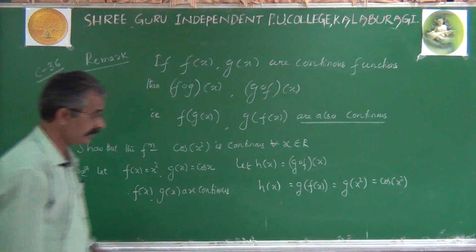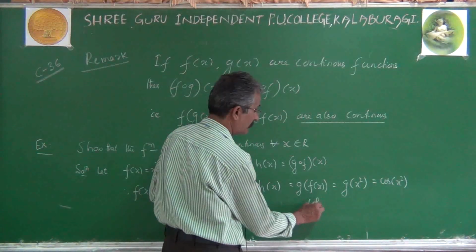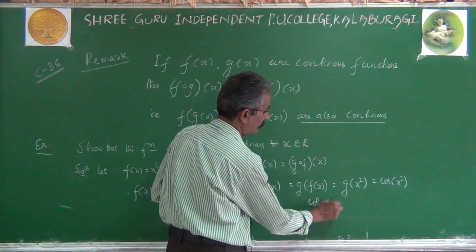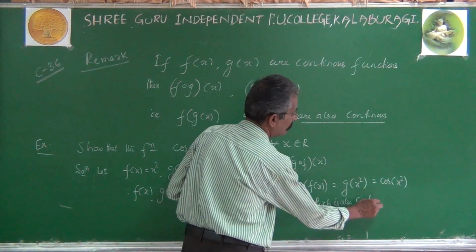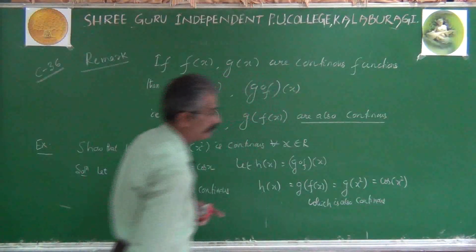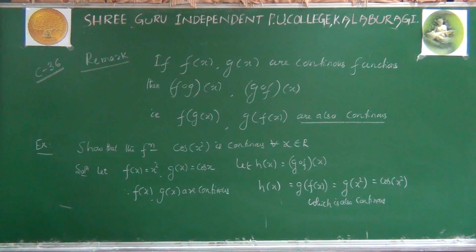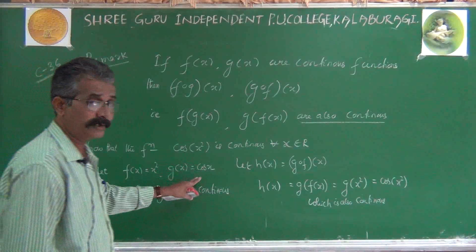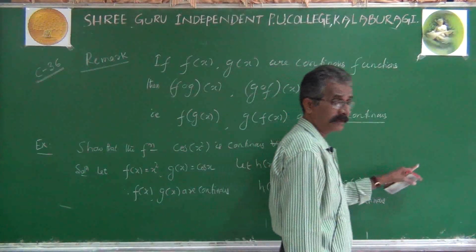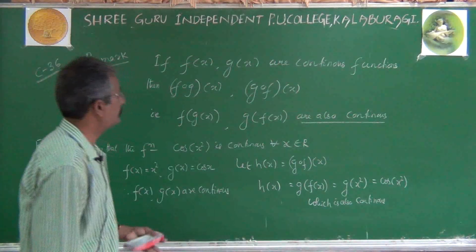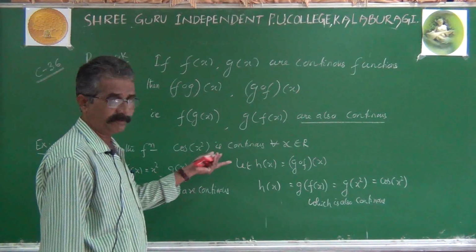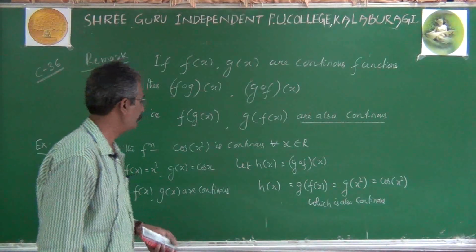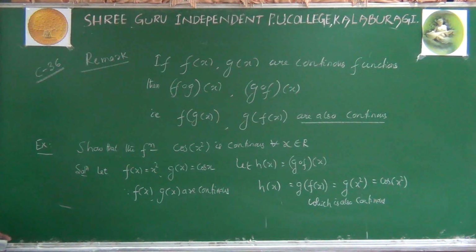It is also continuous. By simple logic, whenever f of x and g of x are continuous, their composition is also continuous. It may be similarly sin of x square, cos of x cube, etc. But the method remains unchanged. One more example we discuss under this type.